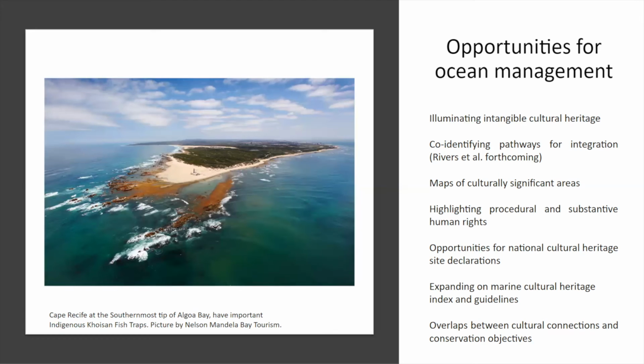So during the exhibition, we had someone from the National Heritage Authority who asked some of the Khoisan leaders why they hadn't nominated the fish traps as a national heritage site. Because they didn't know about that process, it is now in place. So hopefully there'll be news about that soon.